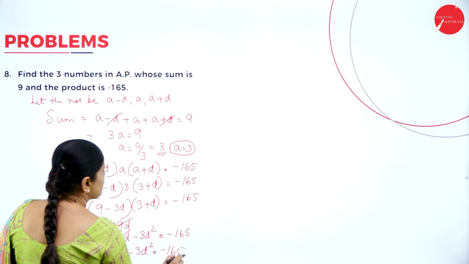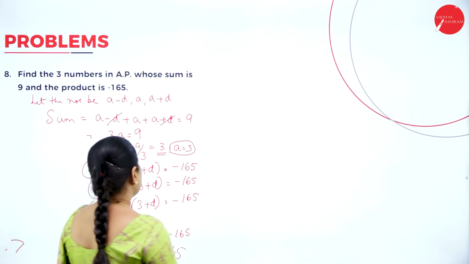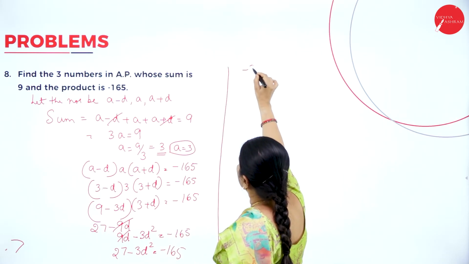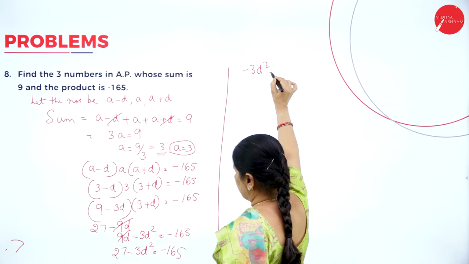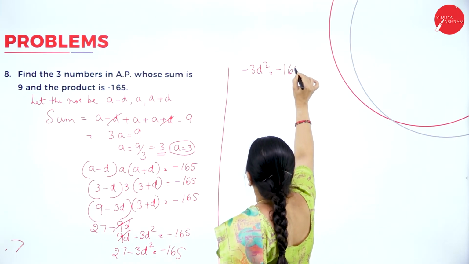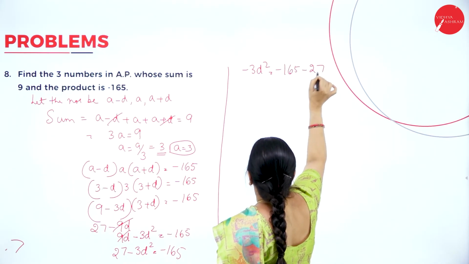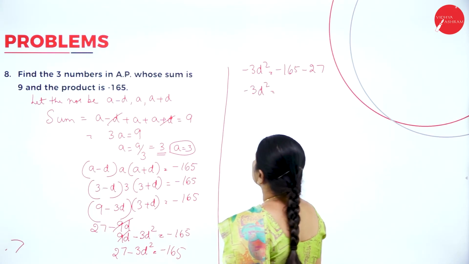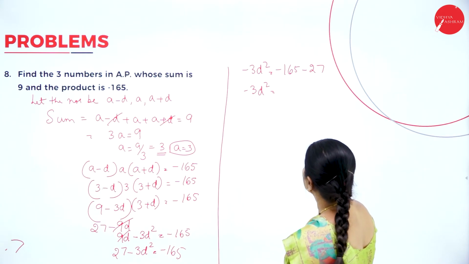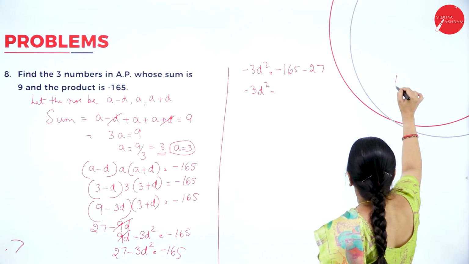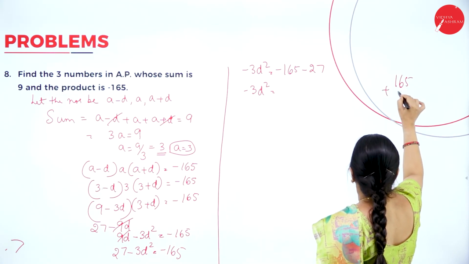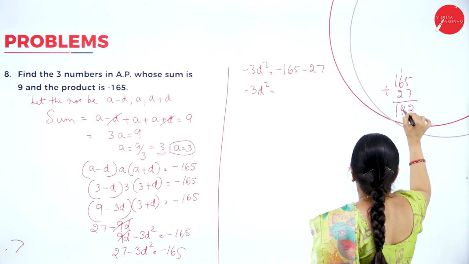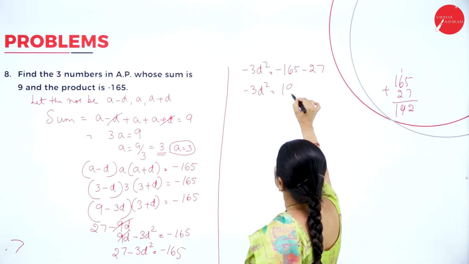equals minus 165. Now, in the next step, I will write minus 3D square equals minus 165 minus 27. So, minus 3D square equals minus 192, so 3D square equals 192.